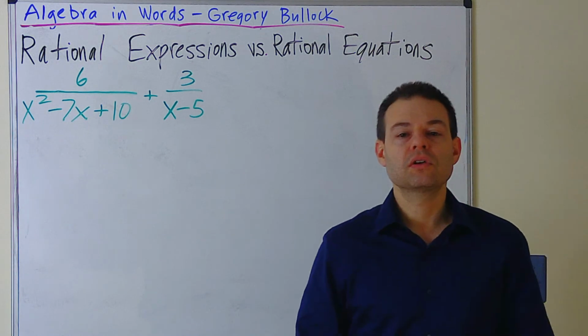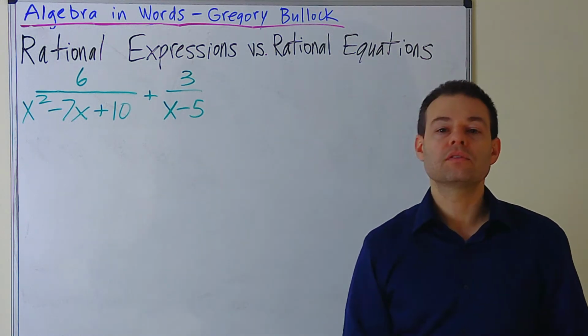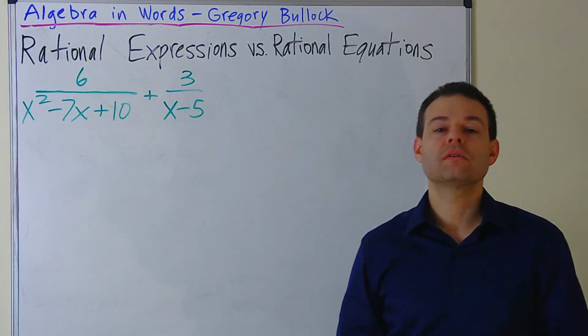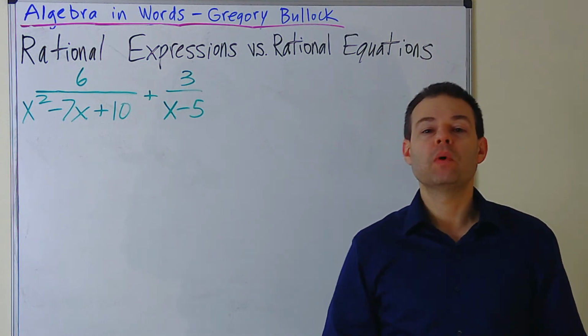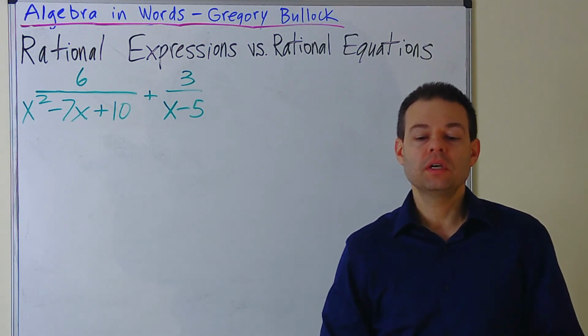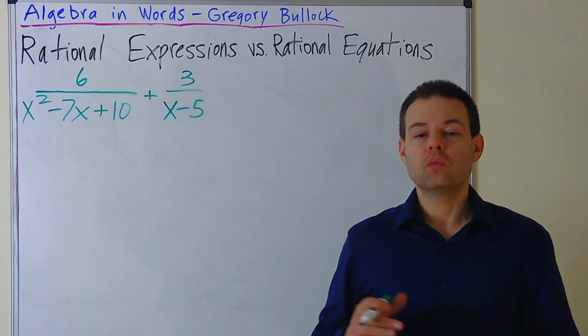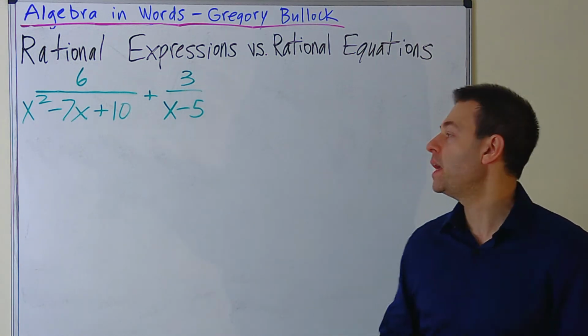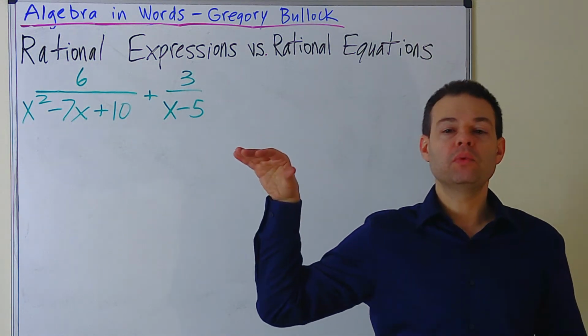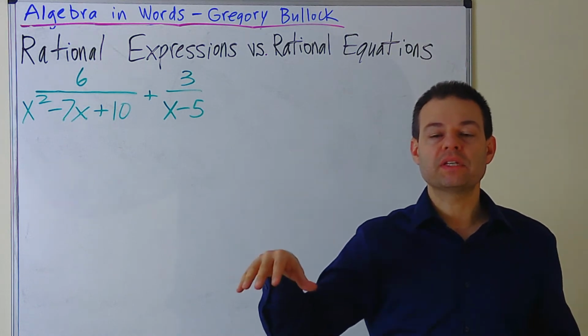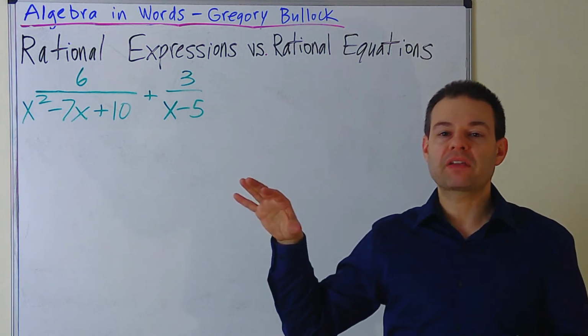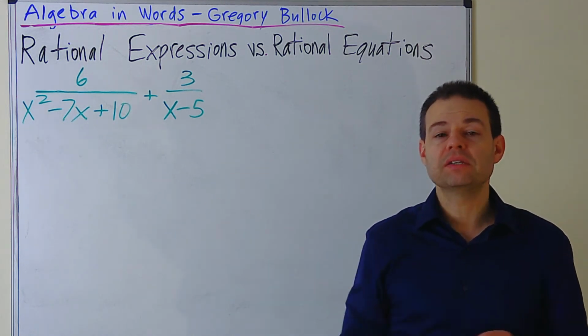So now we're going to start on adding our two rational expressions. Now, what we want to do first in this case is, let's just look at an overview. Once again, the goal is to make like fractions, meaning we want both fractions to have the same denominator. That's the least common denominator.